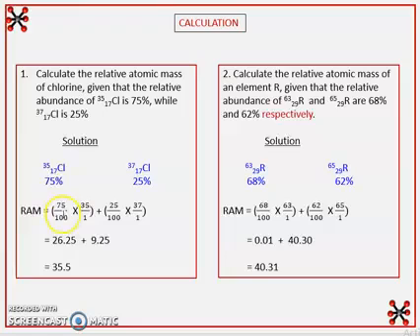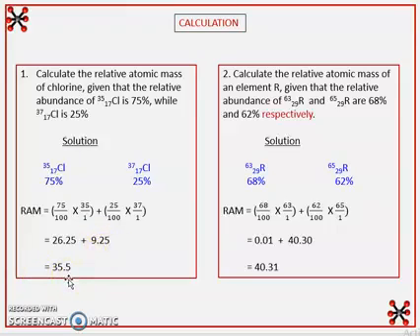That is 75 over 100 times 35 plus 25% which is 25 over 100, times 37. So 75% of 35 and 25% of 37. If you solve this, you get 26.25 plus 9.25. This will give you 35.5.